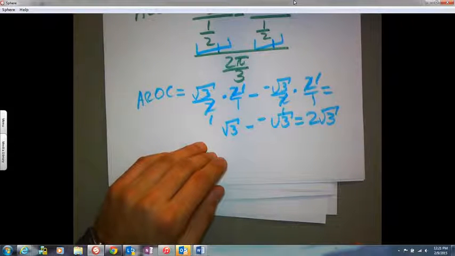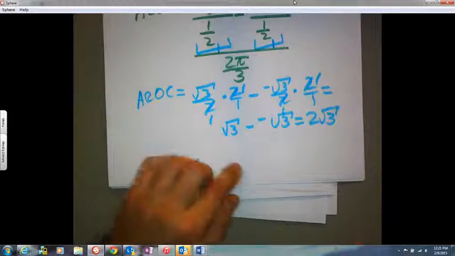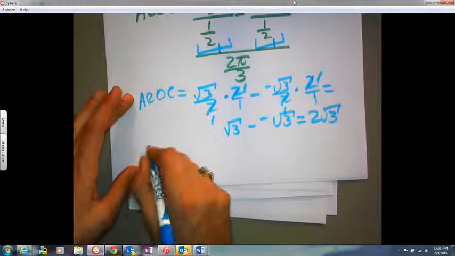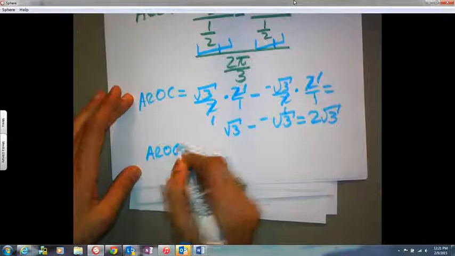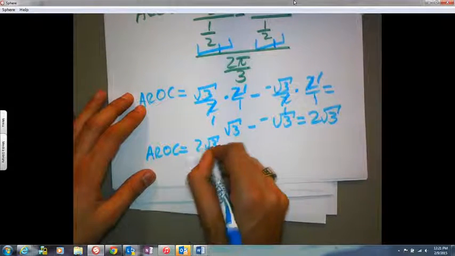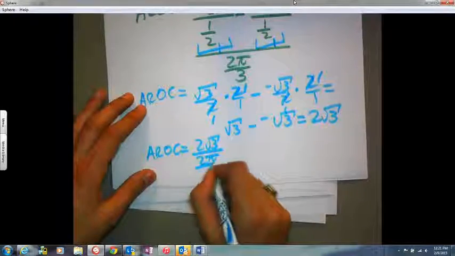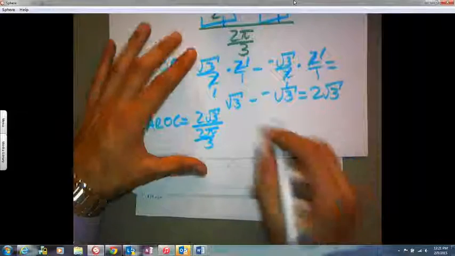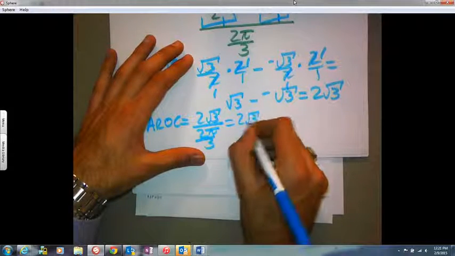And now you want to do, remember the numerator, it was all divided by this. Alright, fraction divided by fraction. Keep, change, flip.